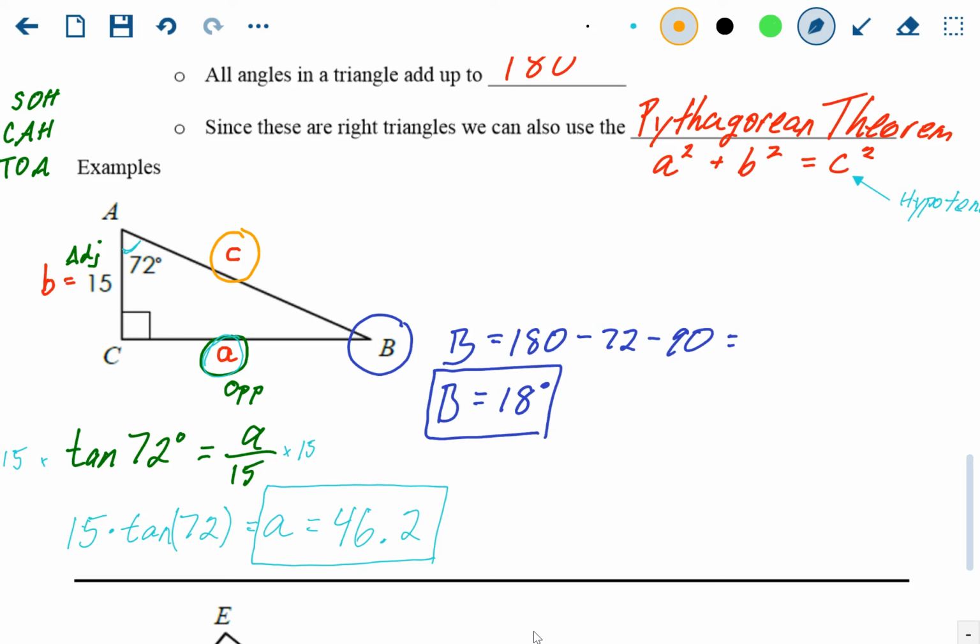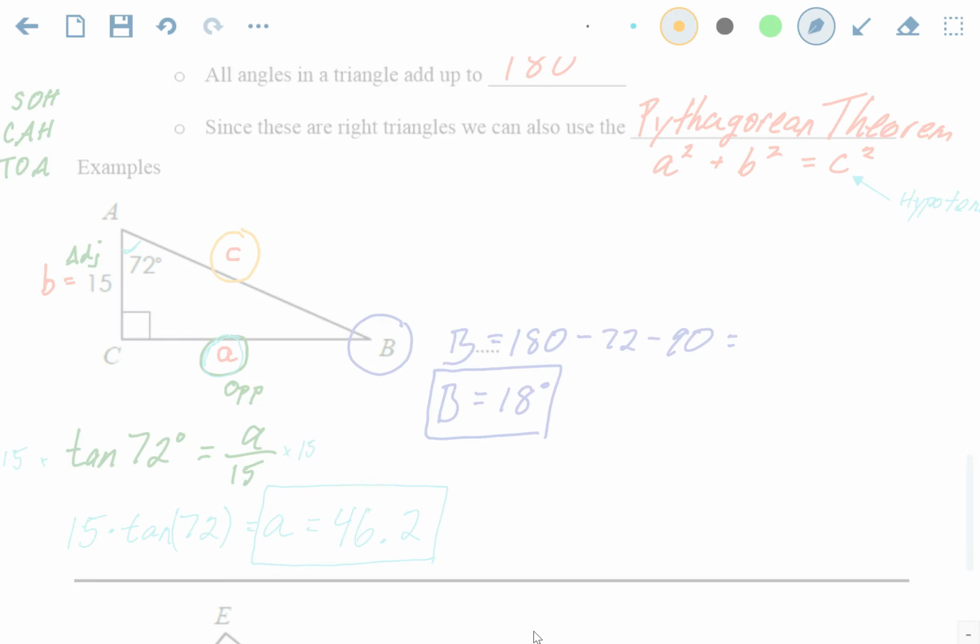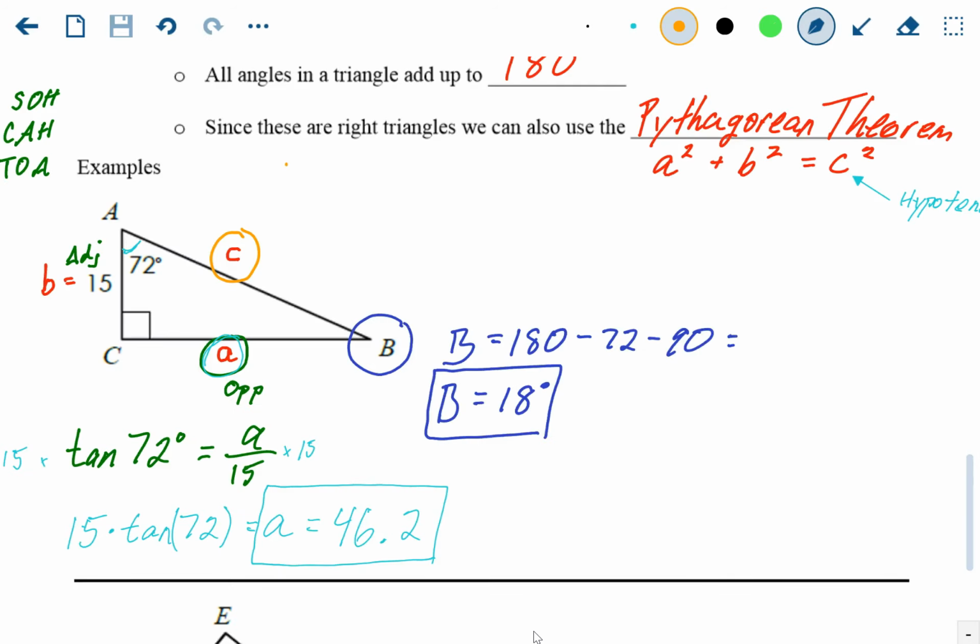A squared, which we just found was 46.2, plus B squared, which is given to us at 15, equals C squared. So you could just punch that into the calculator, do 46.2 squared plus 15 squared, and you get 2,359.44, and that equals C squared.